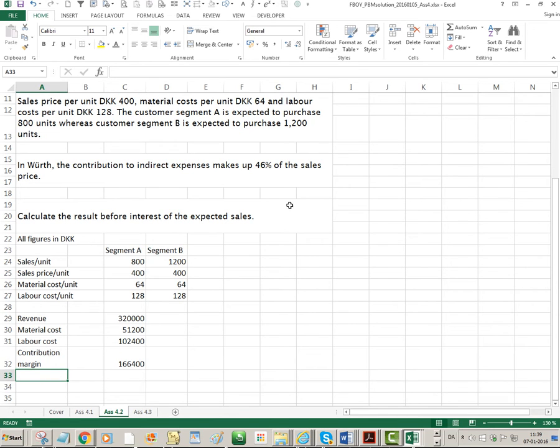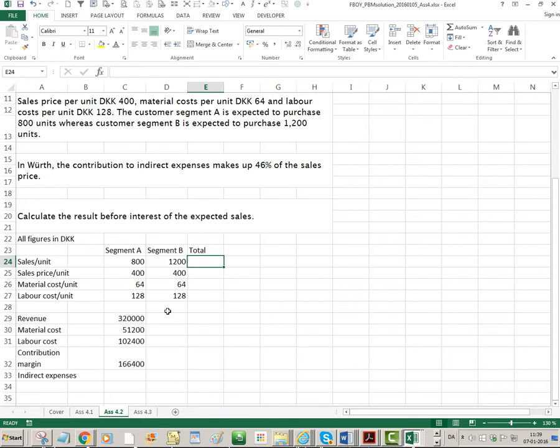we will have the indirect expenses allocated. So indirect expenses. Yeah, we can do this in a different way. We could make a total over here if we want that. Do I need that? No, maybe not.